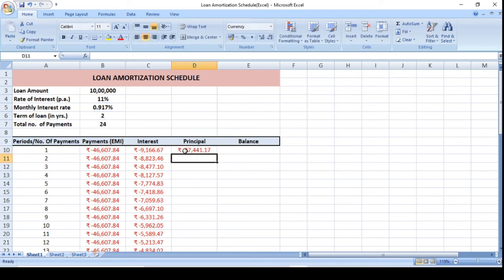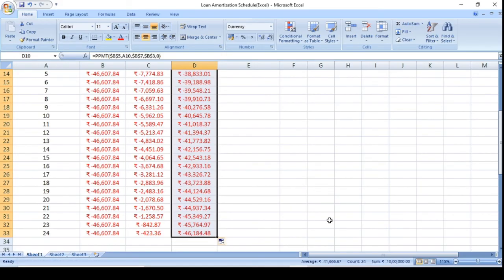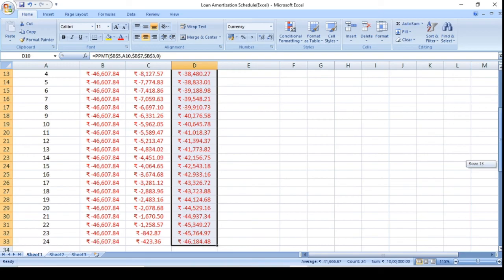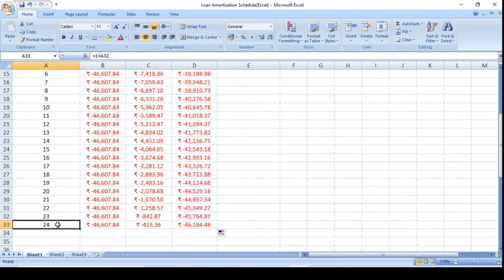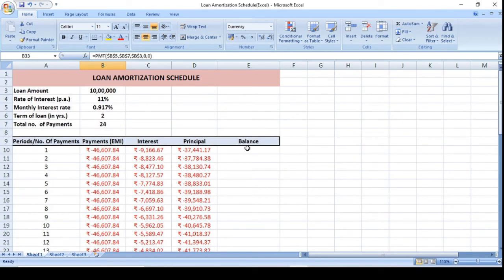Enter, and now if we drag this, we will get, at the end of the term of the loan, for 24 months how much will be the principal component and the interest component contained in this EMI of 46,607.84.